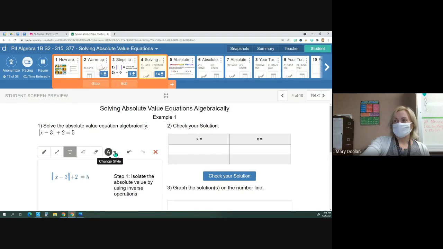Okay, so I'm going to use the pencil tool now, though, and just go ahead and show that I'm subtracting 2 from each side.